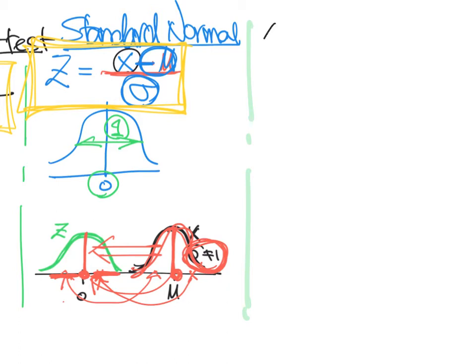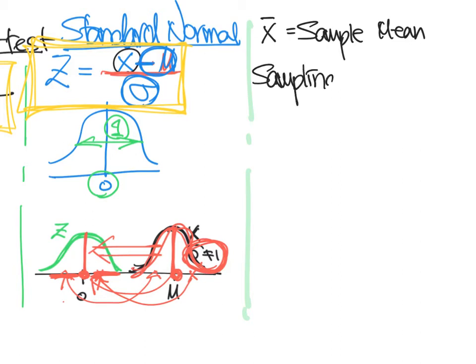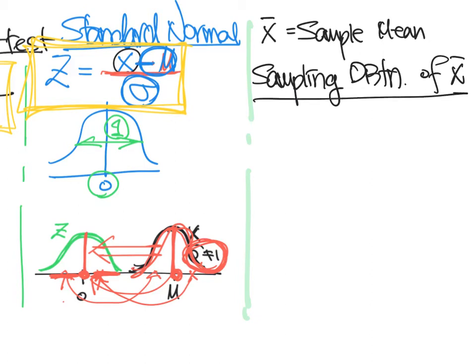X bar was the sample mean. So let me remind you what the sampling distribution for the sample mean was. The sampling distribution of the sample mean was the normal distribution.